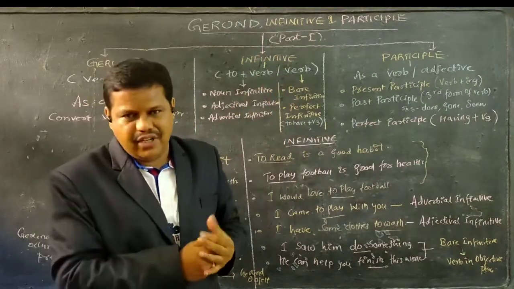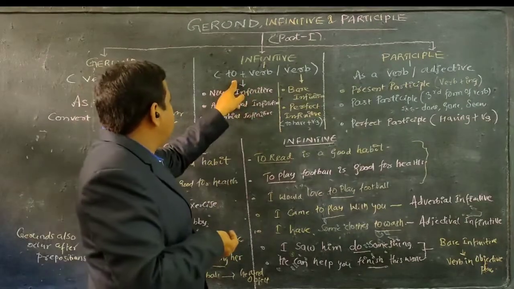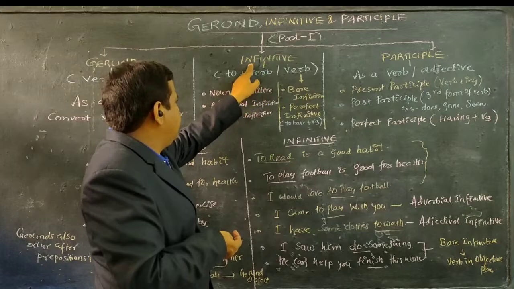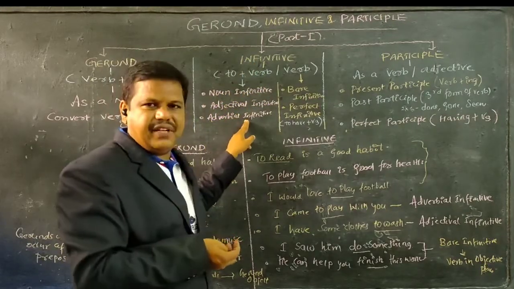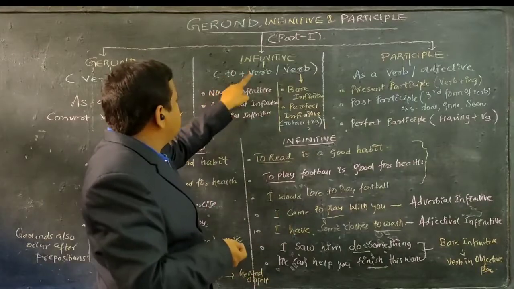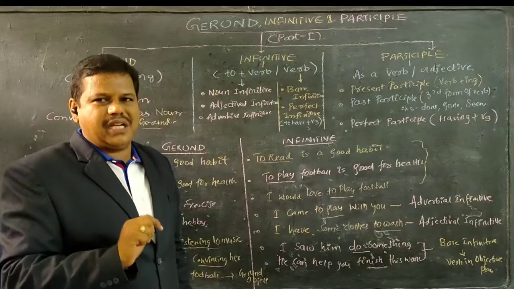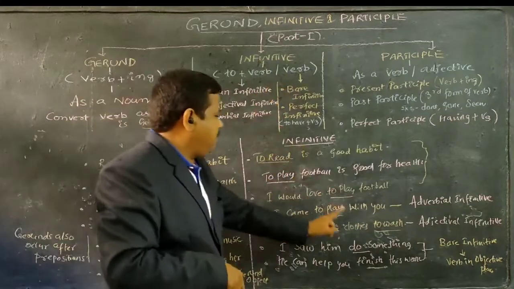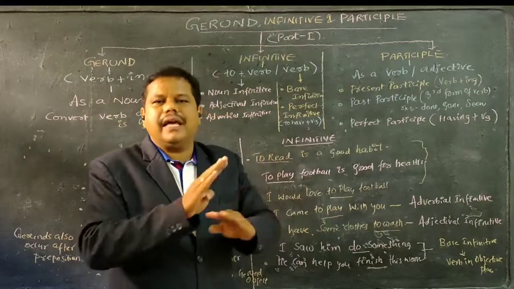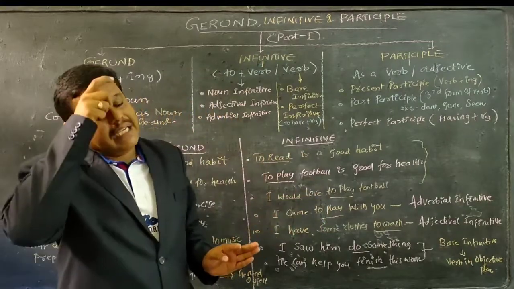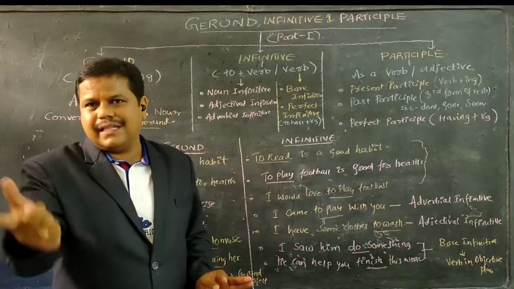What is called a bare infinitive? The difference is that the noun infinitive, adjective infinitive, and adverbial infinitive are used with to plus verb. Without to, when you are using it in the object, they are called bare infinitives. You won't have to play or to work; directly you will have the verb in the object place, not in the subject place.